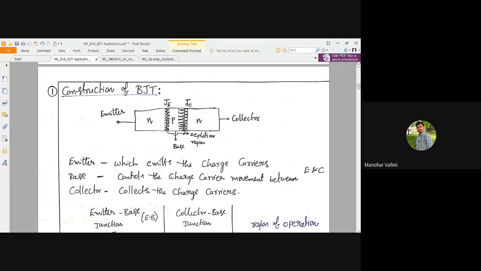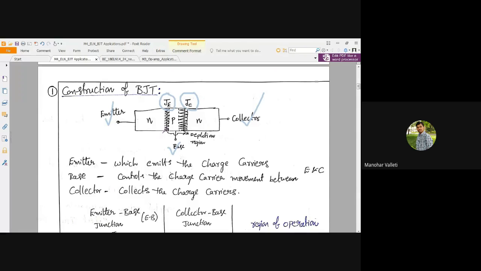BJT is a three-terminal device, with terminals named emitter, base, collector, and it has two junctions. One junction is between emitter and base, one junction is between collector and base. So this transistor is an NPN transistor.